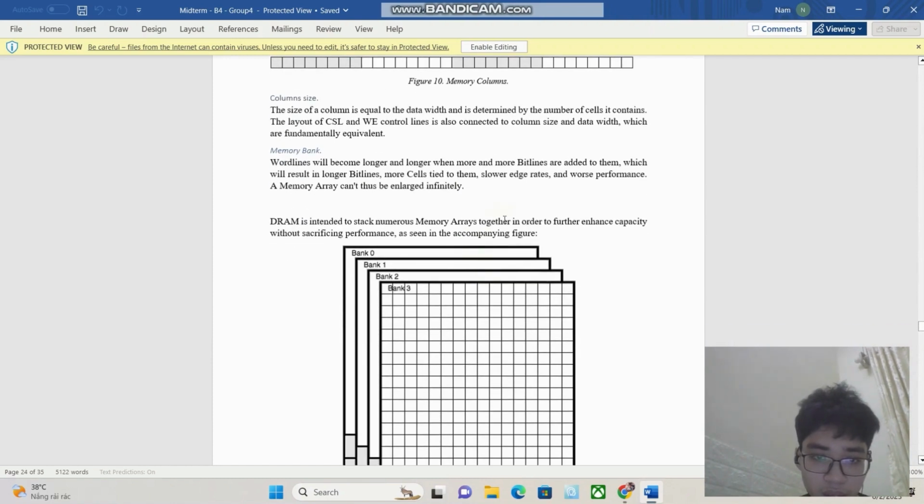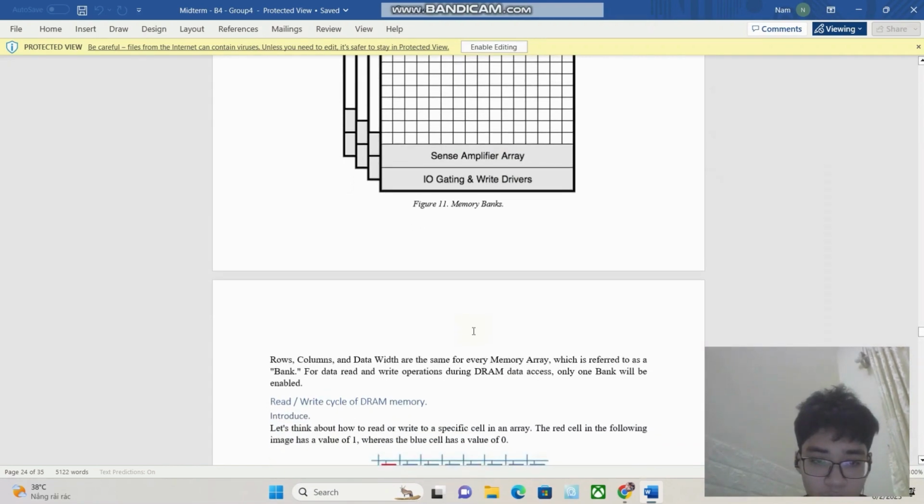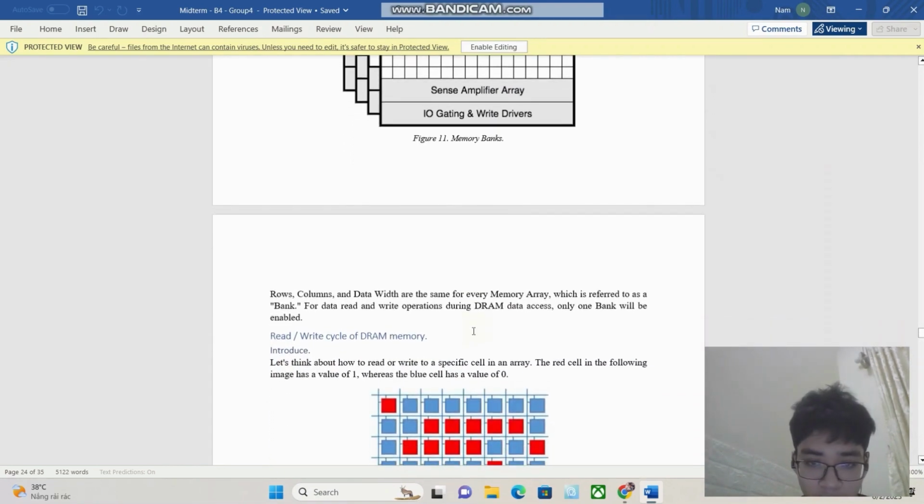DRAM is intended to stack numerous memory arrays together in order to further enhance capacity without sacrificing performance, as seen in the accompanying figure 11. Row, column, and data width are the same for every memory array, which is referred to as a bank. For data read and write operations during DRAM data access, only one bank will be enabled.